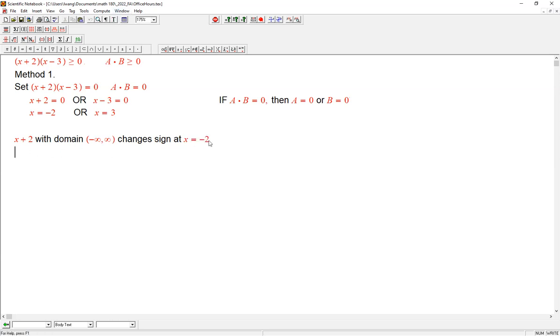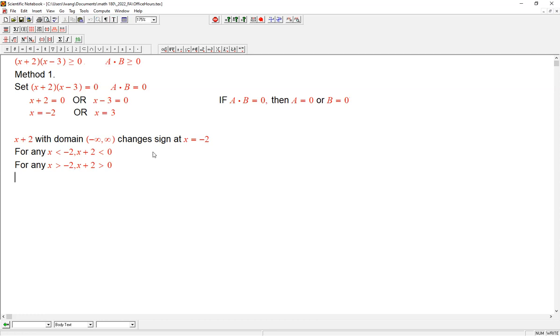In terms of sign, if we pick any X less than negative 2, X plus 2 will be negative. For any X larger than negative 2, X plus 2 will be positive.